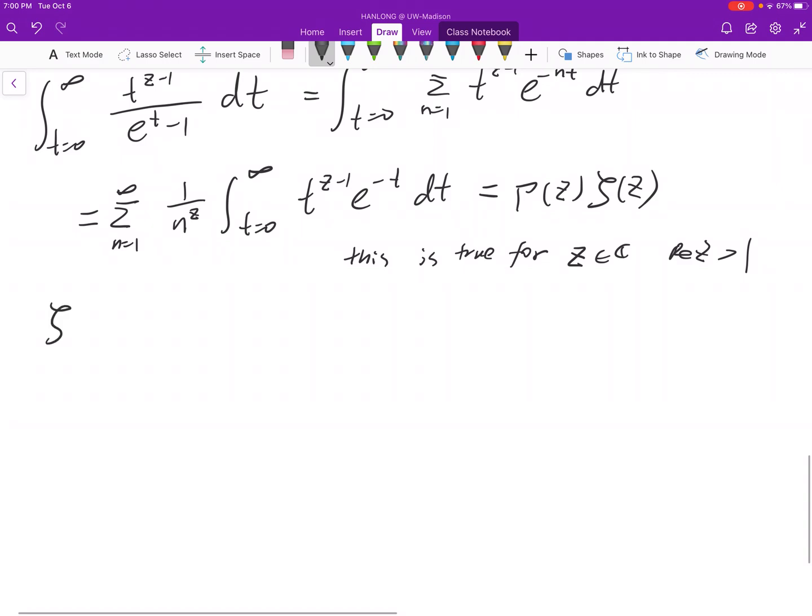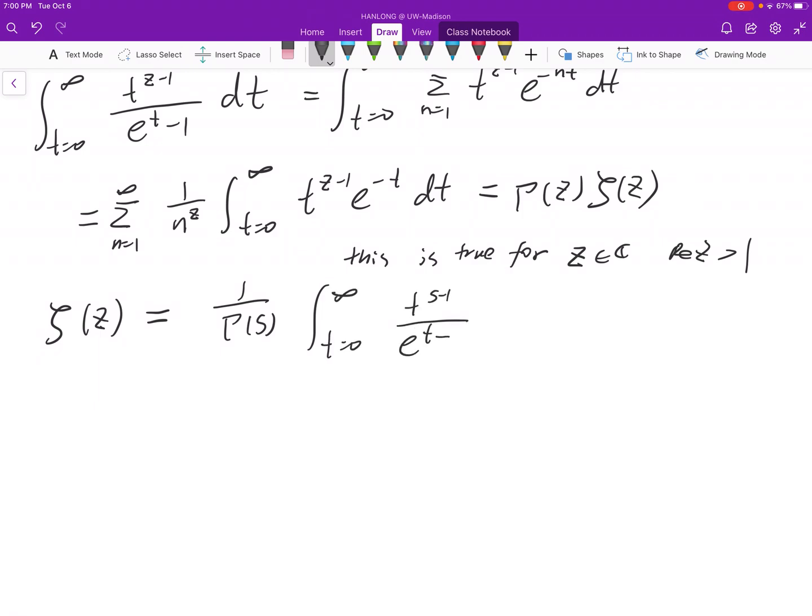Okay, then let's rewrite it. For real numbers, you do have this formula, for real number greater than 1.